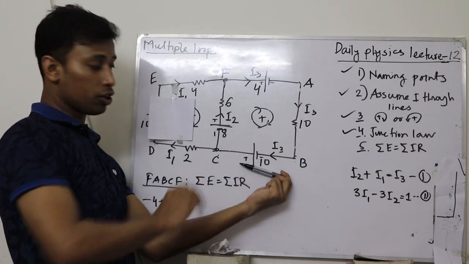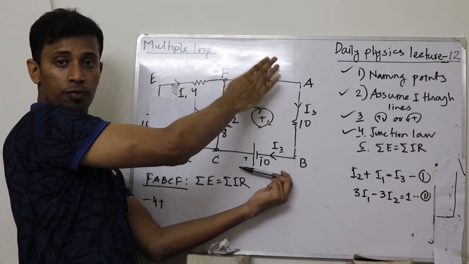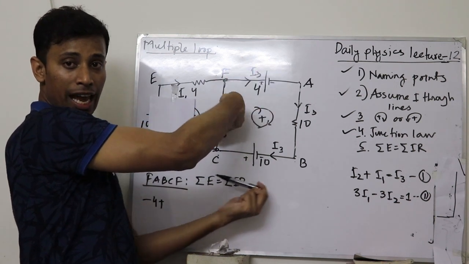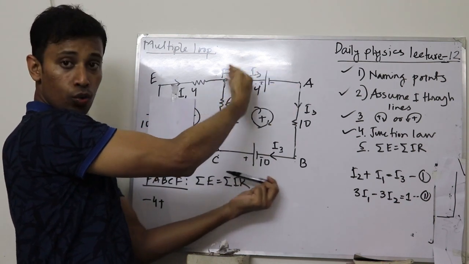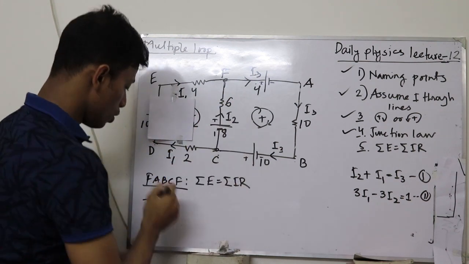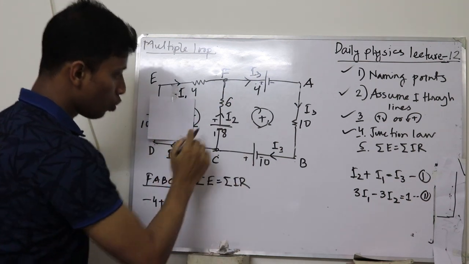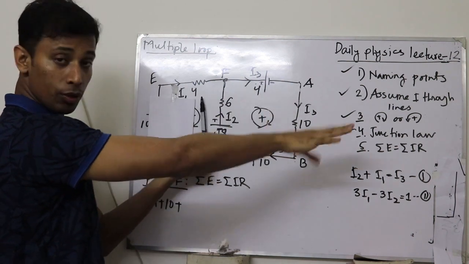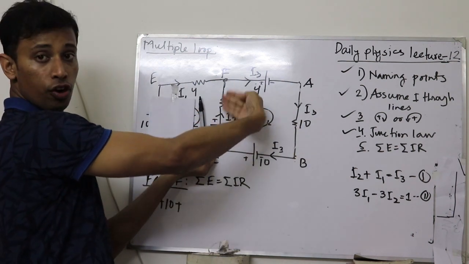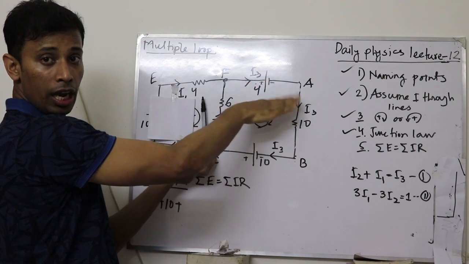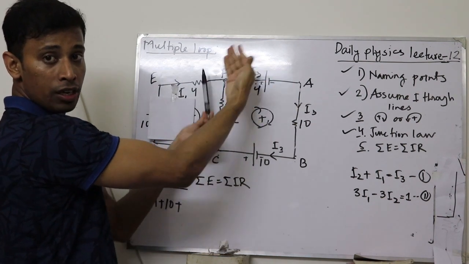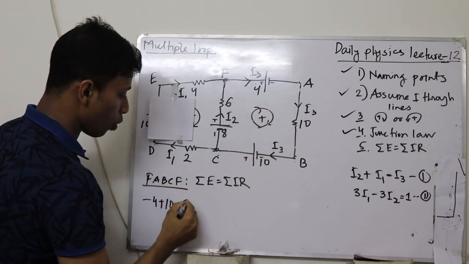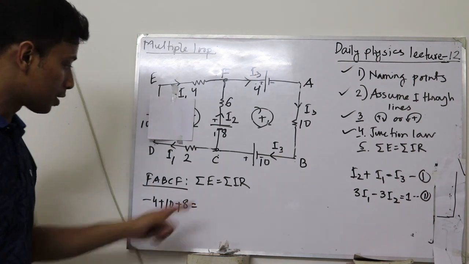Let's take clockwise as the default positive. You can see that this 10 is acting along our default clockwise, so 10 is positive. What about this 8? 8 is acting upward, and now we're dealing with the right loop. Let's go for the default clockwise. 8 is acting along our default clockwise, so 8 is a positive cell. We are done with the cells.